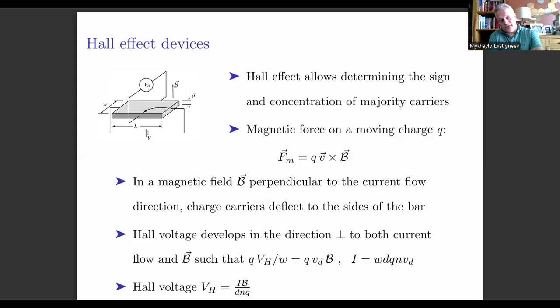Now, the Hall effect was discovered around the year 1880. Maybe it was a little bit earlier, but I do not remember exactly, by Edwin Hall from Johns Hopkins University. The remarkable thing about this was that it was discovered before electrons were discovered.